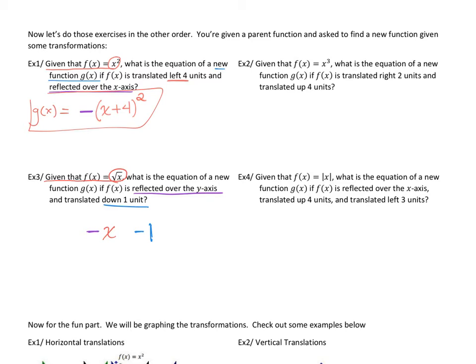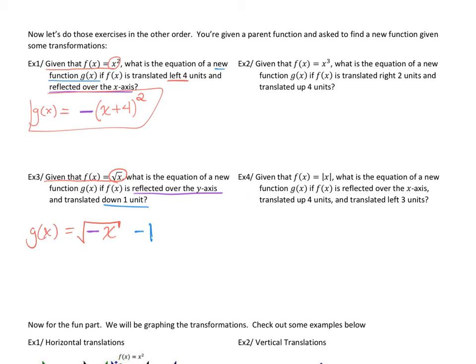So now we just have to go back and remember which parent function we are dealing with, and that is the square root parent function. So I need to make sure that the negative is in front of the x inside of the square root, and that the minus 1, since it's a vertical movement, is hanging outside of the square root. So g of x equals that.